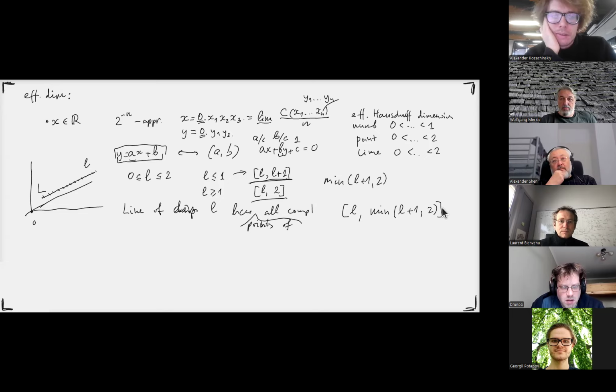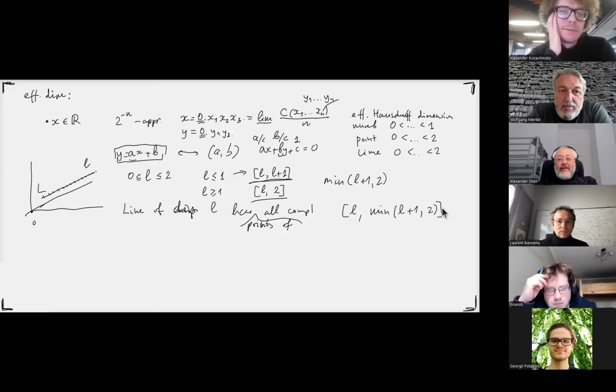Any line. No, any line has some dimension. So we can just apply the theorem to any line, quantification over lines.